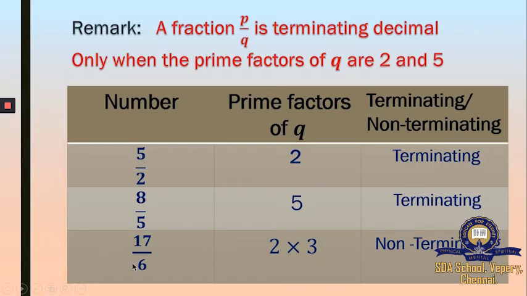But when you look at the third question, 17 by 6, if you find the prime factors of 6, it is 2 into 3, right? So which is non-terminating. Because if the prime factors of the denominator are other than 2 and 5, they are non-terminating decimals.